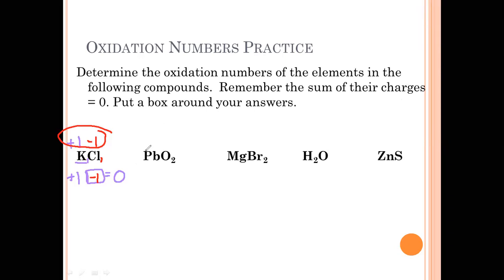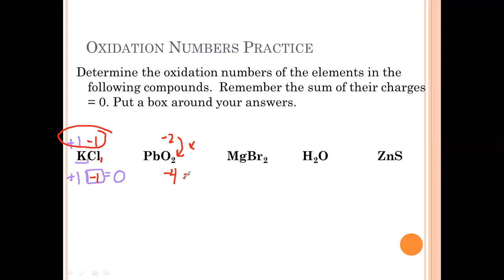On the next one, I noticed that lead has multiple charges, and I can remember from my list of rules that oxygen is always -2. -2 times 2 is -4.